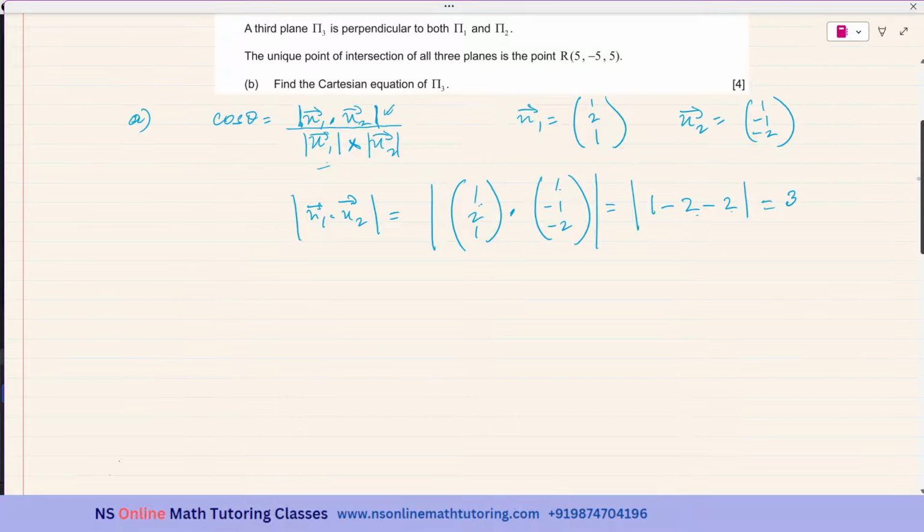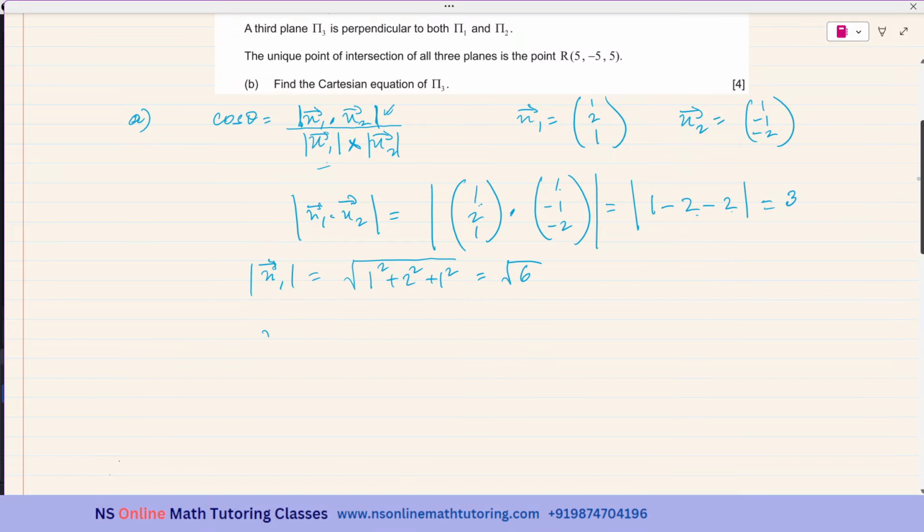Now let us come to the magnitudes. The magnitude of n1 will be equal to the square root of 1 squared plus 2 squared plus 1 squared, which is 1 plus 4 plus 1, which is 6. So the magnitude of the n1 vector is root 6.